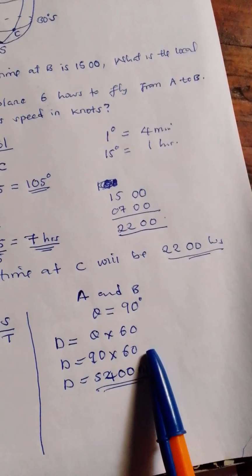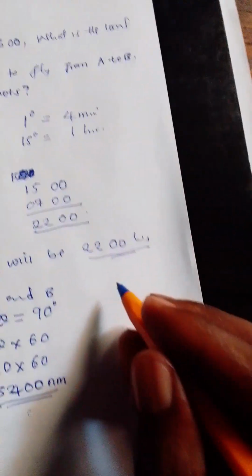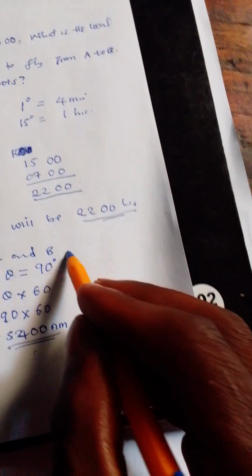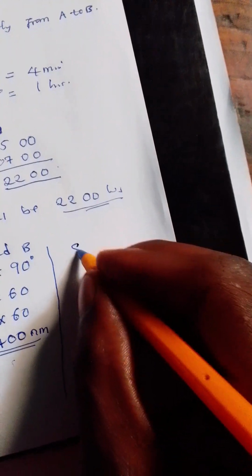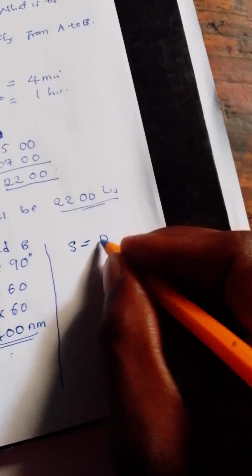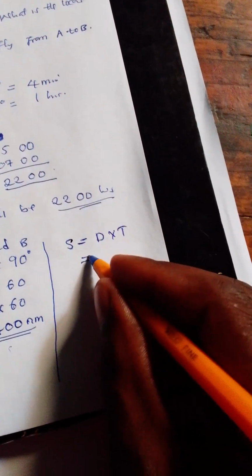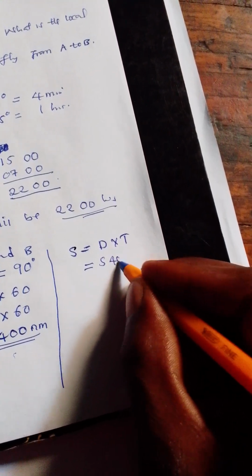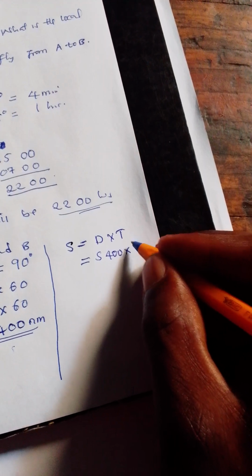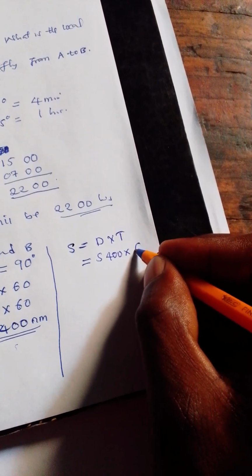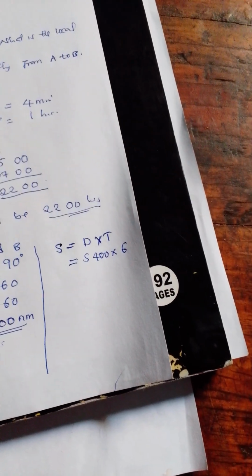So our distance won't be in kilometers, it will be in nautical miles. Since we found the distance, we can now calculate the speed. Speed is equal to distance divided by time. Now, our distance is 5,400 nautical miles divided by time, which is 6.